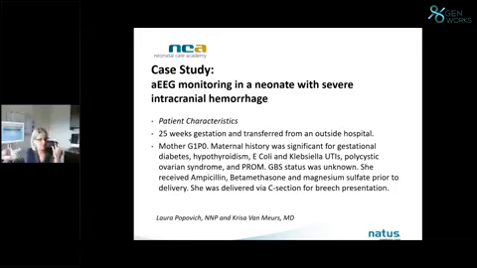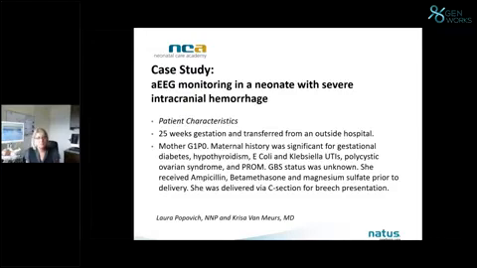The mother was gravida 1, para 0. Maternal history was significant for gestational diabetes, hypothyroidism, E. coli and Klebsiella UTIs. She had polycystic ovary syndrome and prolonged rupture of membranes. So clearly this baby has not had the best start.